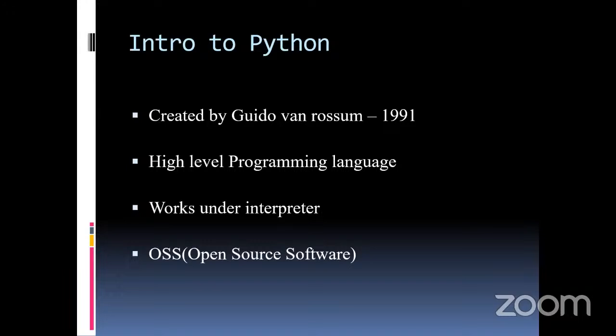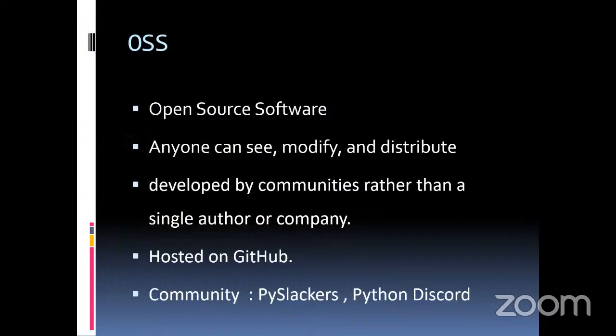We can download it for free, and we can modify and develop Python. That is OSS. How can we develop? Not everyone can develop; there are communities, and we should be a part of a community to develop Python.